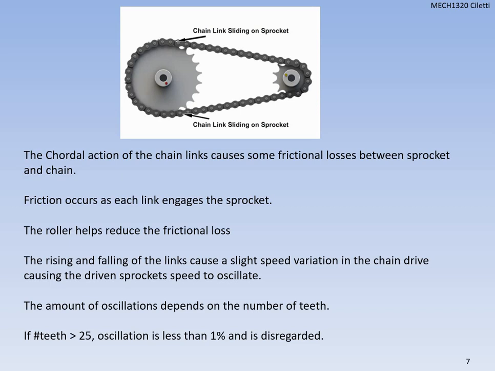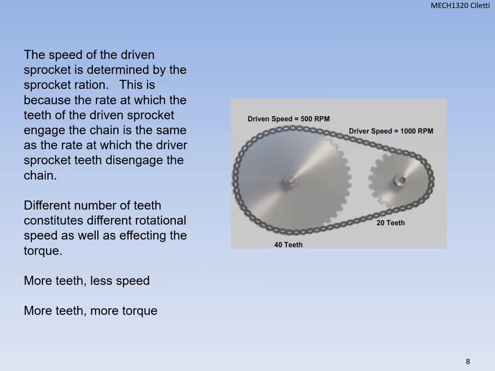The rising and falling of the links cause a slight speed variation in the chain drive, which causes a small amount of oscillation. The oscillation depends on the number of teeth. If the number of teeth on the sprocket is greater than 25, the oscillation is less than 1%, and we really disregard it. It's not enough to impact our system.